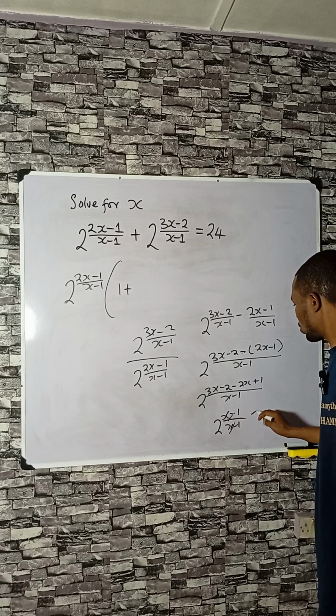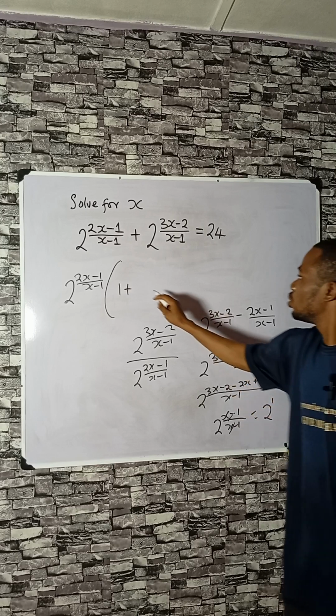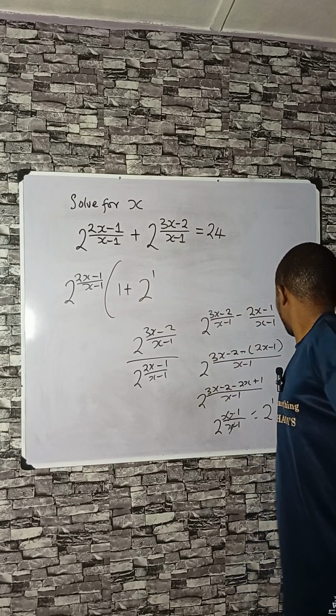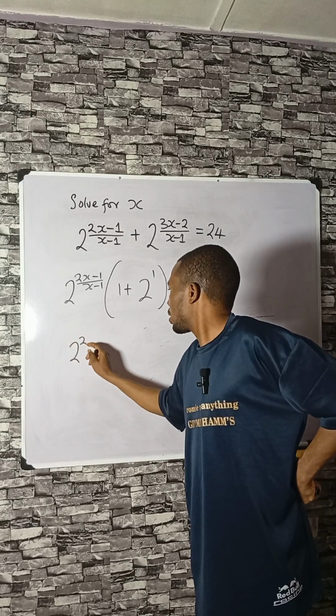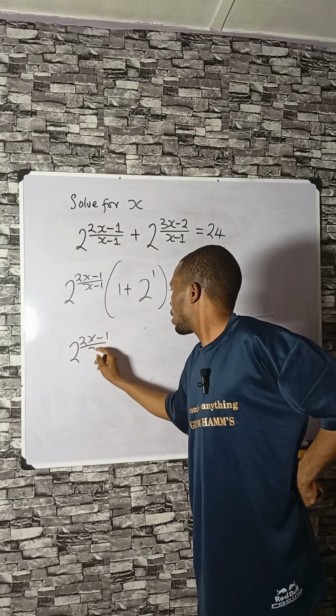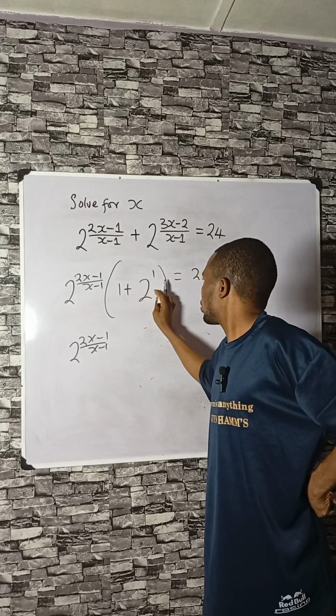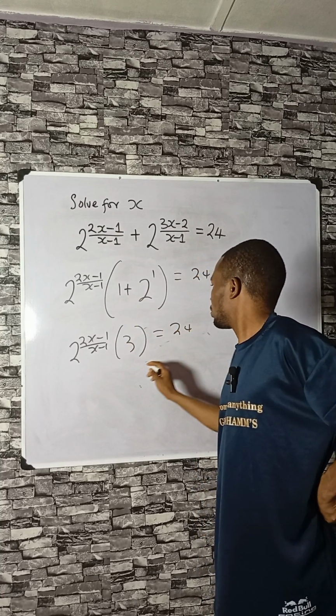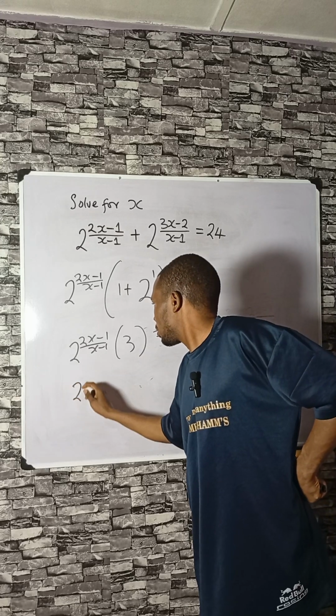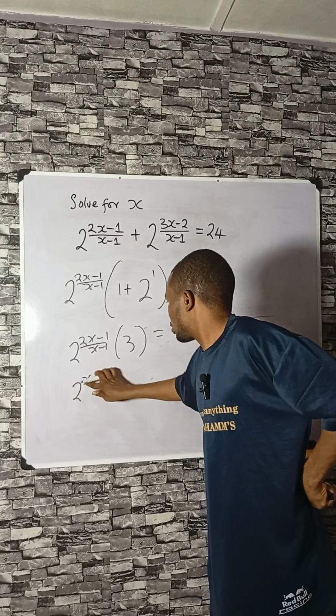So this and this can go, giving us 2 power 1. So 2 power 1 here, equal to 24. So 2 root to power 2x minus 1 divided by x minus 1. 1 plus 2 is 3. Then 24. You can divide the two sides by 3.